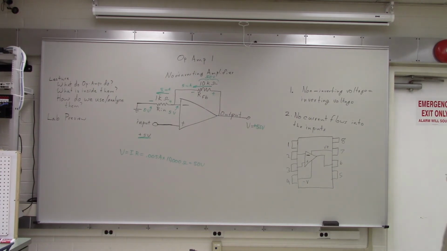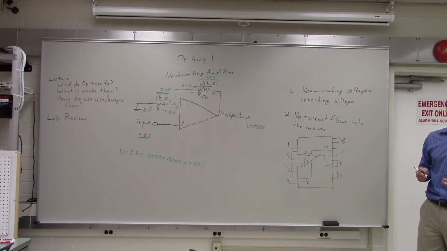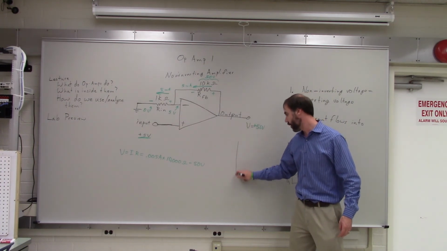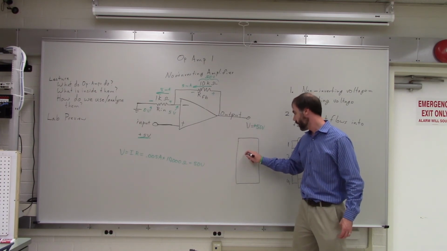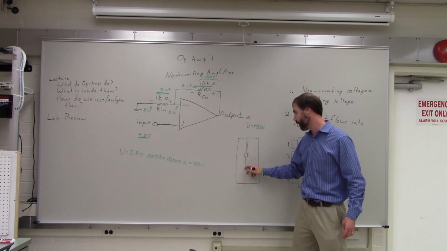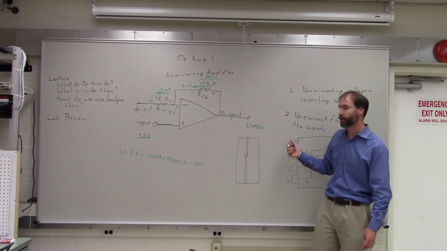The only other thing is that I wanted to remind you guys that when you put this chip on your board, you should put the chip in the middle of the breadboard so that half of the legs are on one side of the board and then the other half of the legs are on the other side. So you can put the chip sort of like this in the middle, and you've got the pins sticking out both sides. And the key is that the left-hand side is on the left-hand half of the board, and the right-hand legs are on the right half of the board.